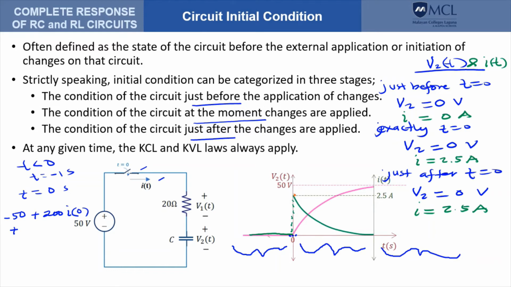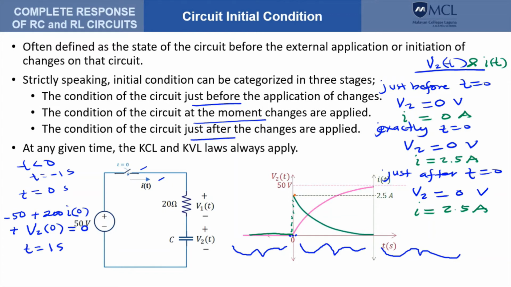Let me just write it as V sub 2 at t equals 0. For t equals, let's say, 1 second, that is after the changes are applied, the circuit could be undergoing a transient.